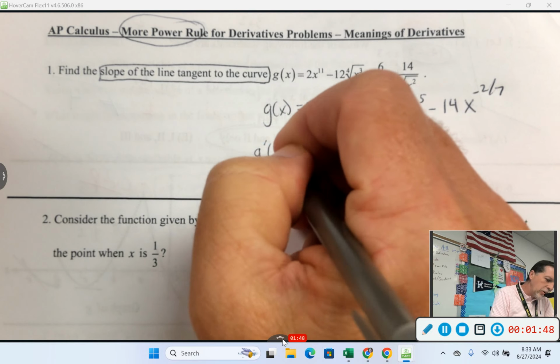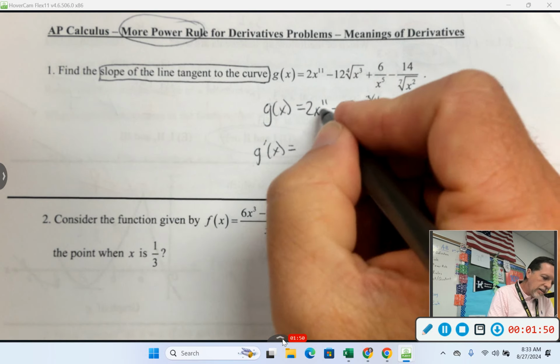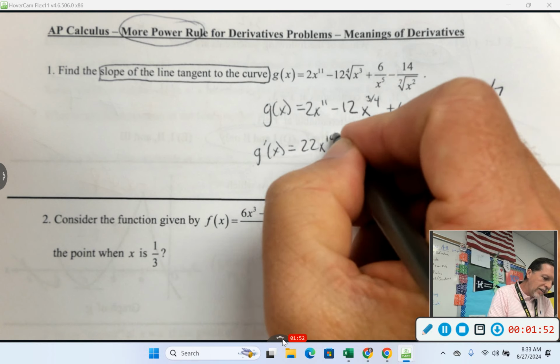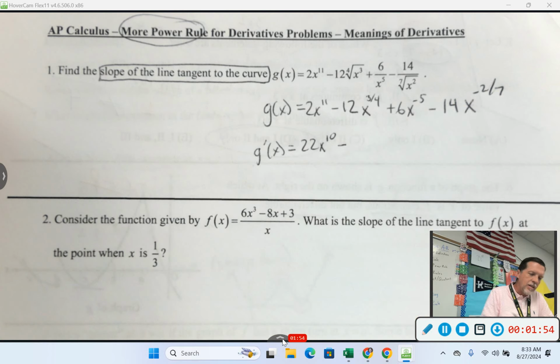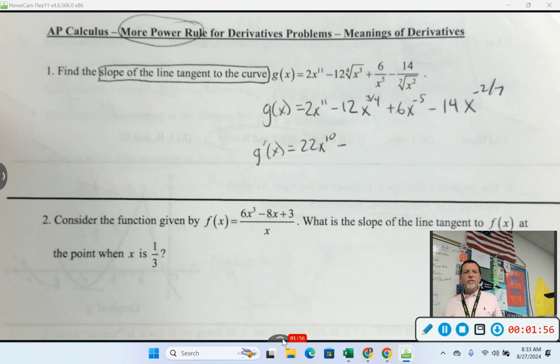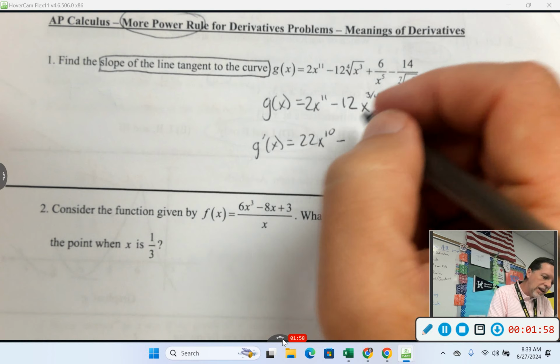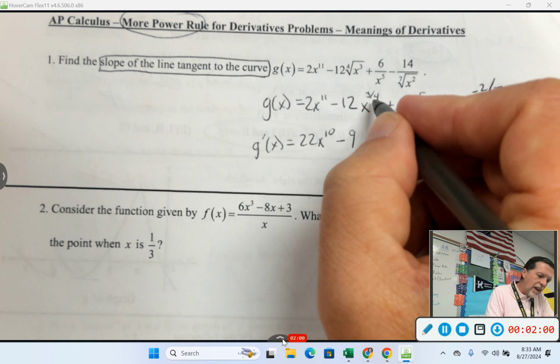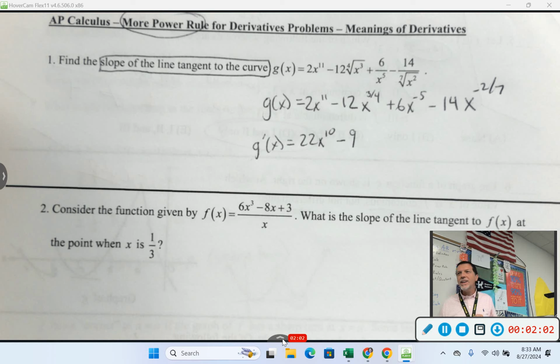Now the power rule. So let's see, 22x to the 10th. 3/4 of 12, that would be 9. And then 3/4 minus 1. Like these are the mistakes that people make on the test. Like they know the power rule, but then they do 3/4 minus 1 and mess something up.